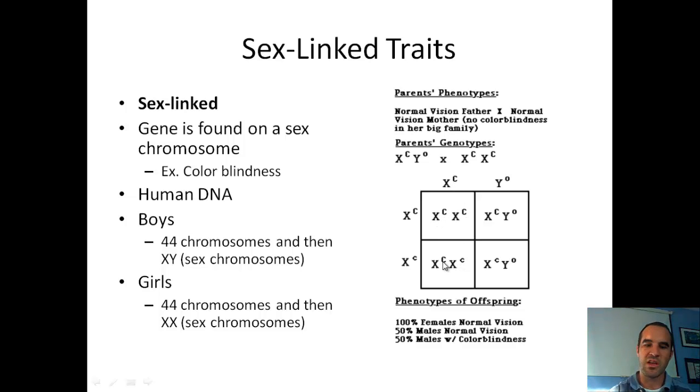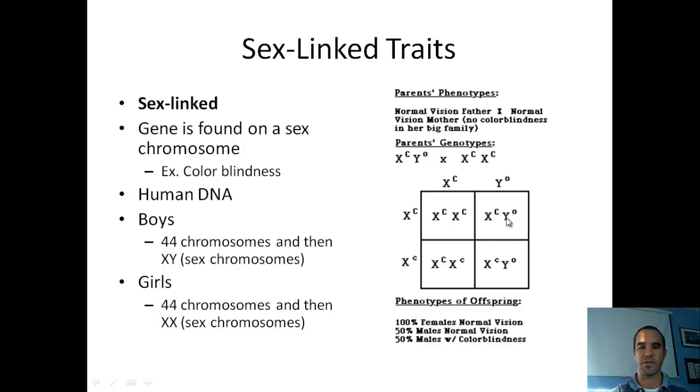Here, there's normal vision and color blindness, but because the female has two X chromosomes, that color blindness right here, that allele is not going to be expressed. The normal vision is going to dominate. So if we jump down to the bottom, that's why we see 100% of the females have normal vision. And that's because both female possibilities contain the allele for normal vision.